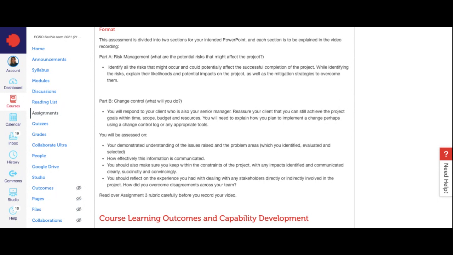These are the human resources and physical resources that you found. Would you still be capable of achieving the project goal within the resources that you have mentioned there? That's what it means.